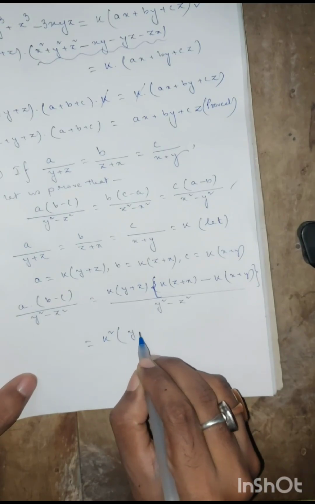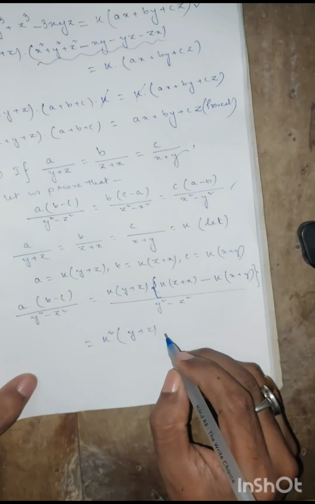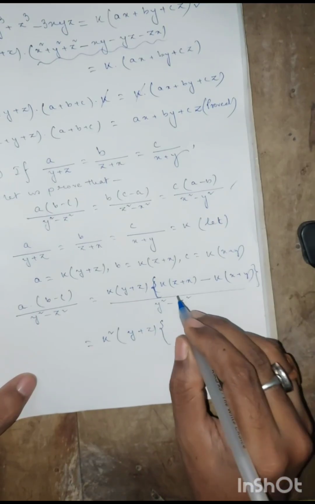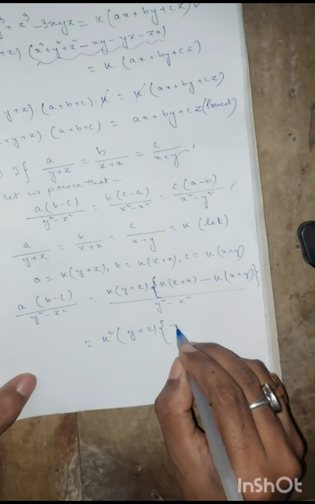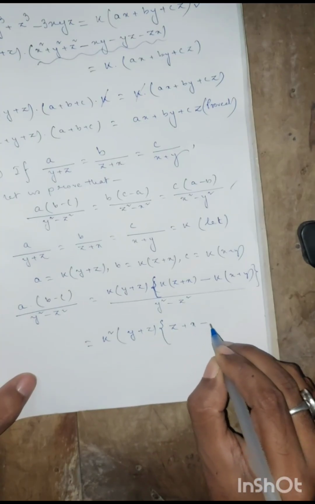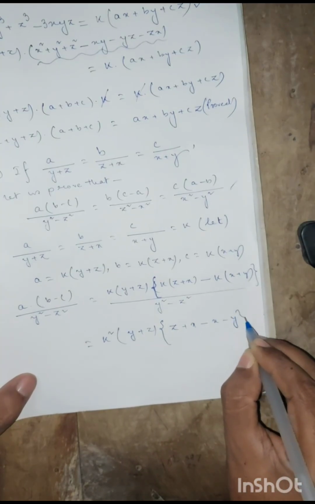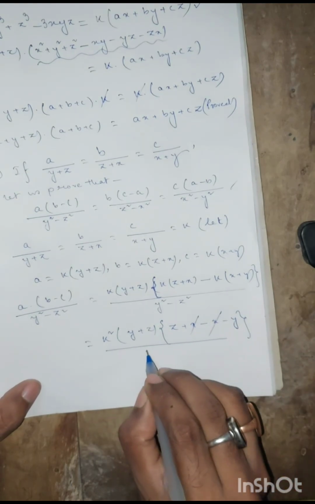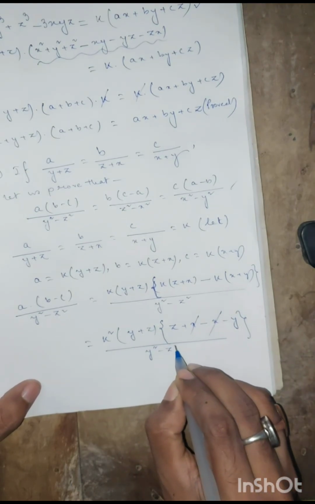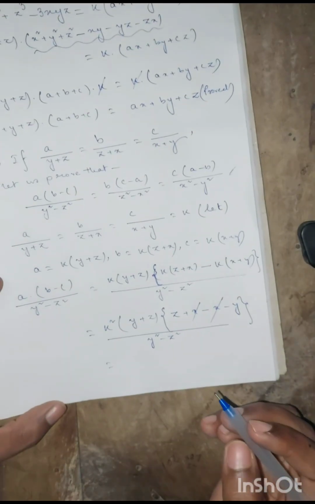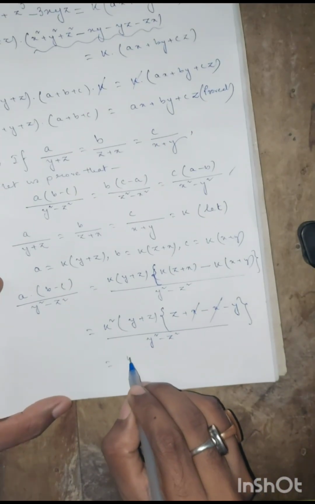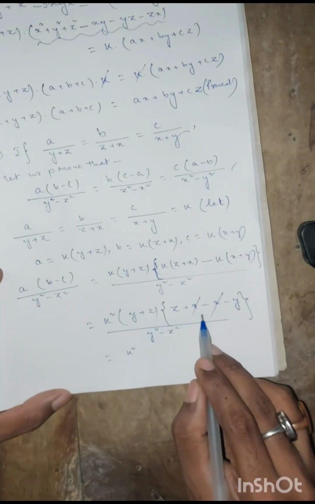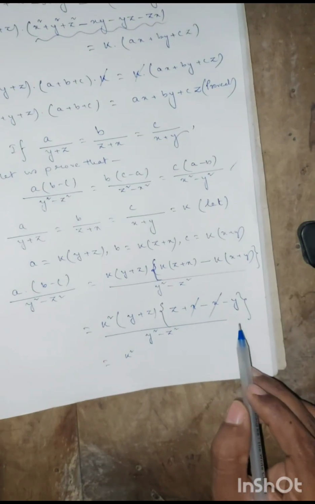Now if we take k common, it becomes k square, and we have (y plus z) outside the second bracket, and inside the second bracket we are having z plus x minus x minus y. So it is y square minus z square. Now k square, this is (y plus z) and this is (z minus y).